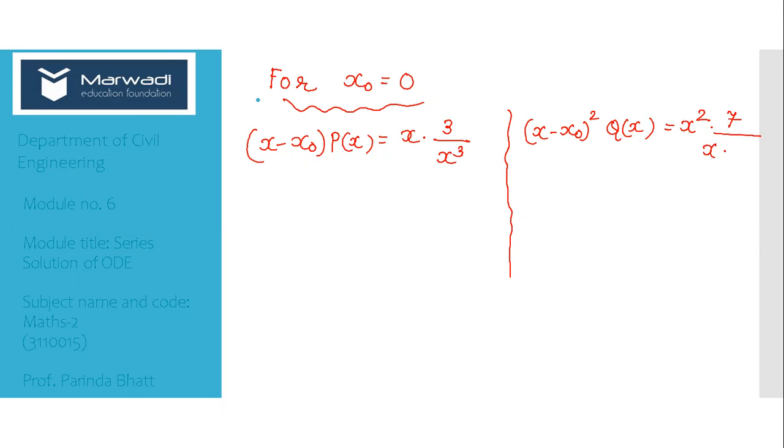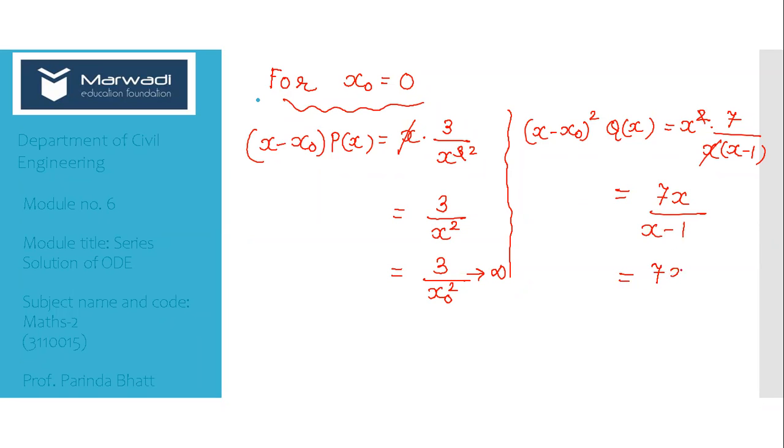First simplify: x cancels one time, and the remaining is 3 by x square. Now 3 by x0 square is infinite. And in the other, x cancels out, giving 7x by x minus 1, therefore 7x0 by x0 minus 1. When we enter 0, 0 divided by minus 1, therefore the answer is 0.